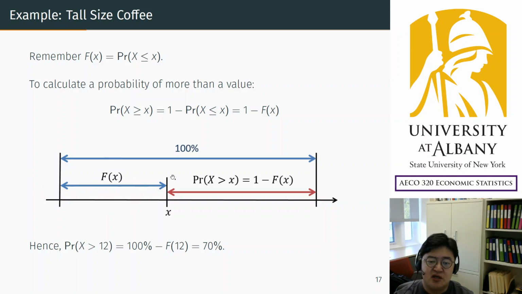But if you want to know the other side, you can use the fact that adding these two sides' probabilities must always be 100%. So the probability greater than x is 1 minus F. Strictly greater than 12 or greater than or equal to 12 are the same because one point does not change the probability. So the answer is 70%.